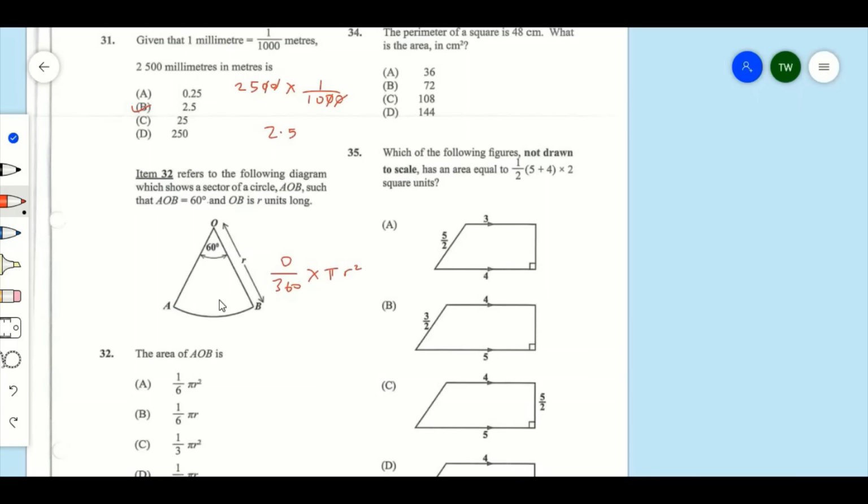Now, here, theta in this case is going to be 60 degrees. So it's going to be 60 degrees over 360 degrees times pi r squared. And note that 60 over 360 can be reduced: 60 to 60 is going to be 1 and 360 divided by 60 is going to be 6. So the area is going to be 1/6 pi r squared, which is going to be A in this case.